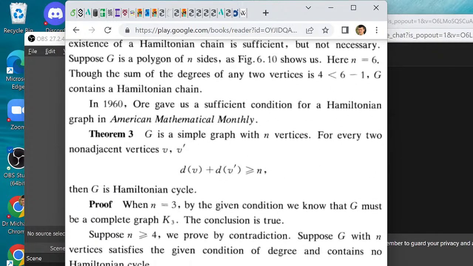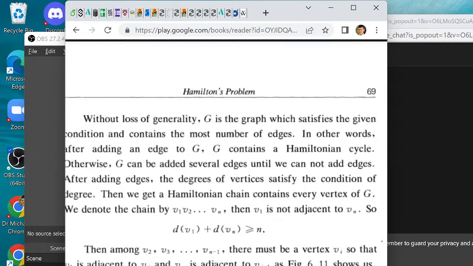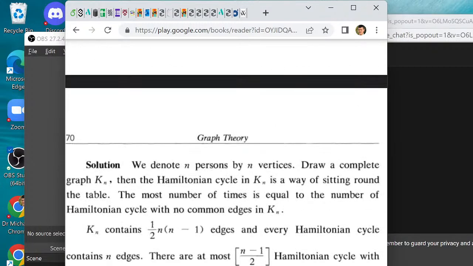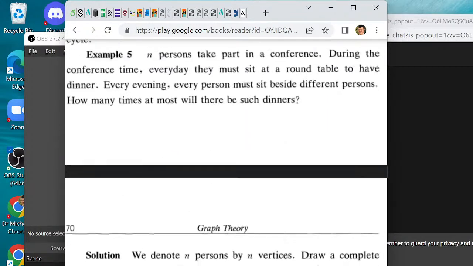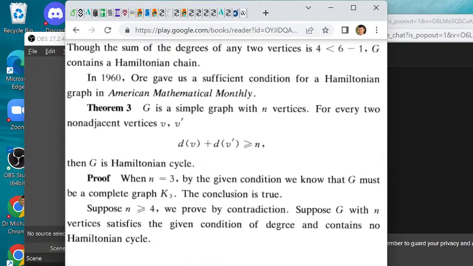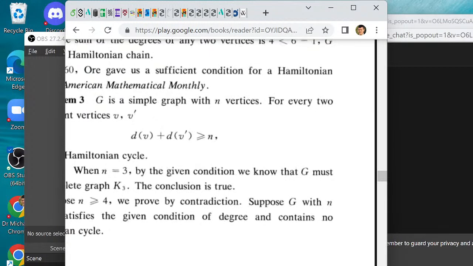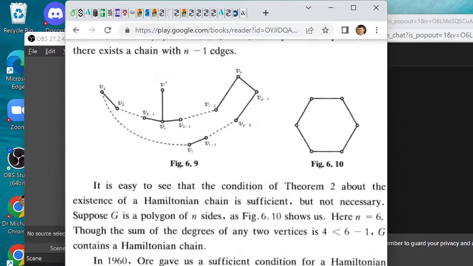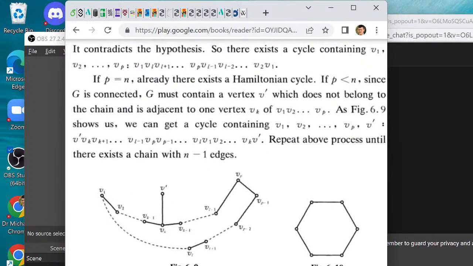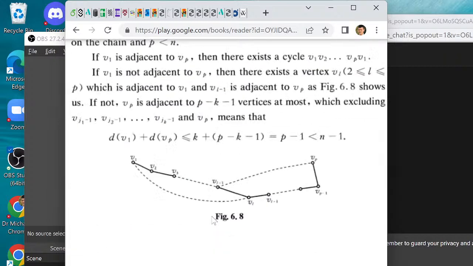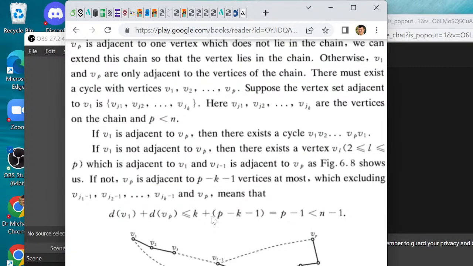What else is there? There's another one that says this is the one by Ore, 1960. Now you might also want to check it doesn't work when n equals 3. I guess there's no point when n equals 3 anyway. But did we assume?